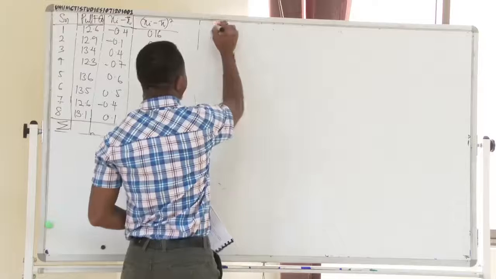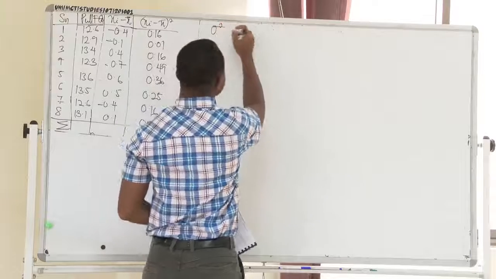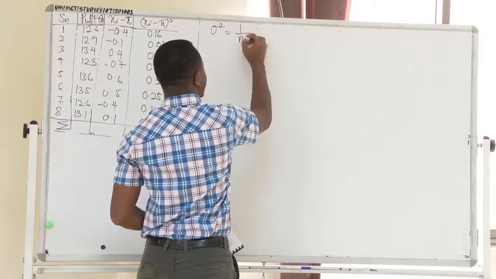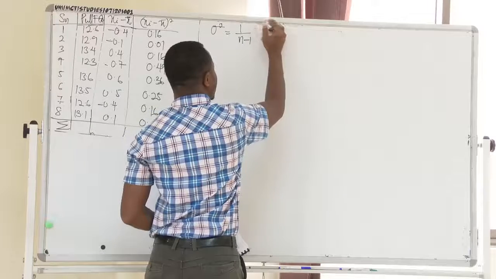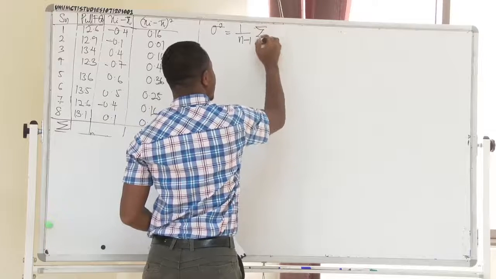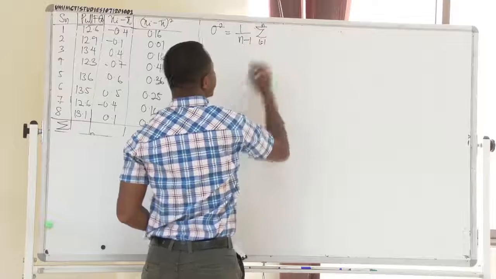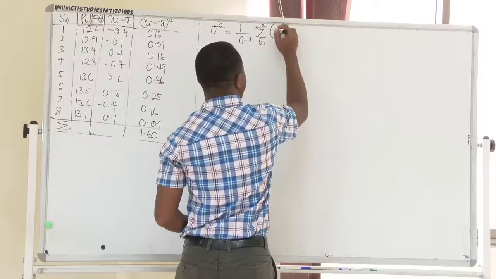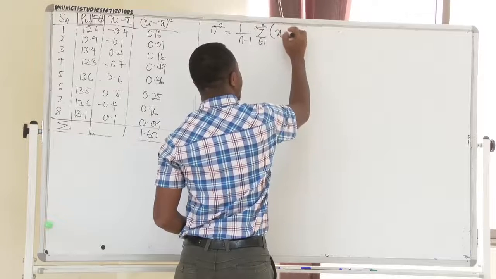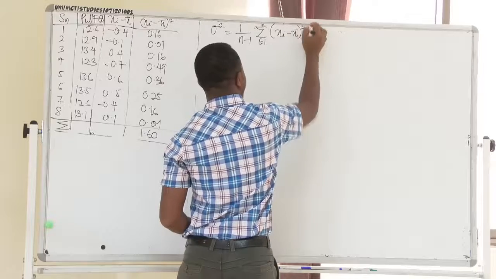Remember the variance is equal to 1 over n minus 1, then summation from i equal to 1 to n, times (xi minus x bar) all squared.